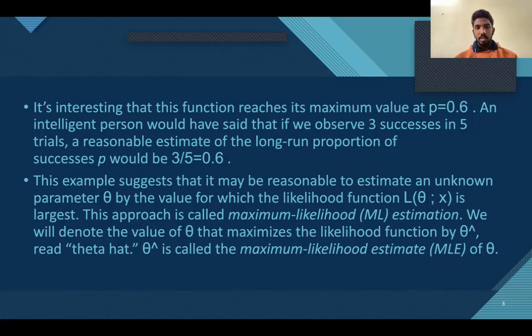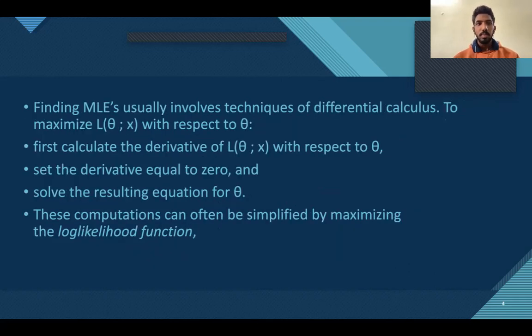Theta hat is called the maximum likelihood estimate (MLE) of theta. Finding MLEs usually involves techniques of differential calculus to maximize L(theta; x) with respect to theta. First, calculate the derivative of L(theta; x) with respect to theta. Set the derivative equal to 0 and solve the resulting equation for theta.